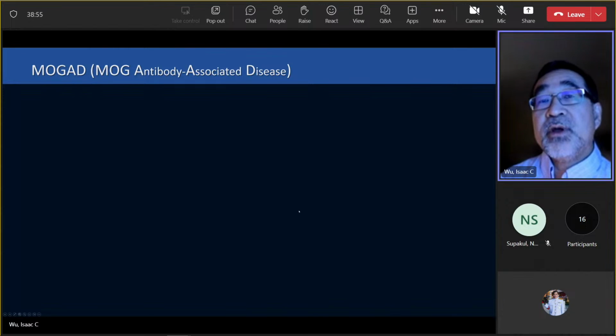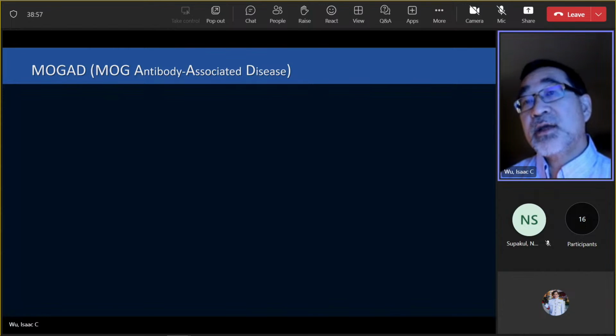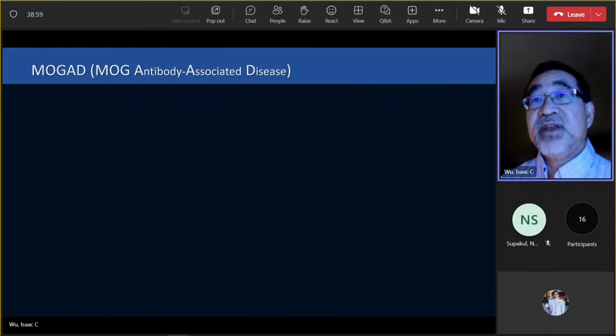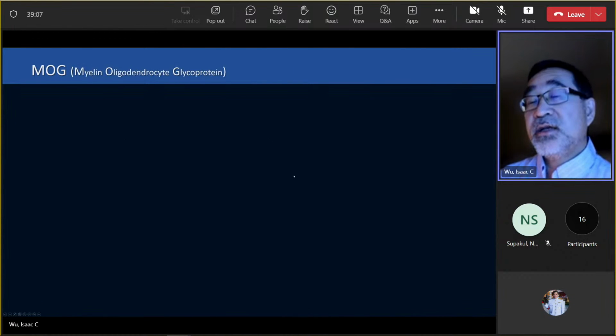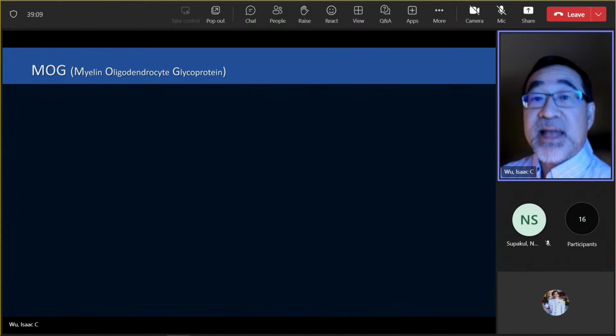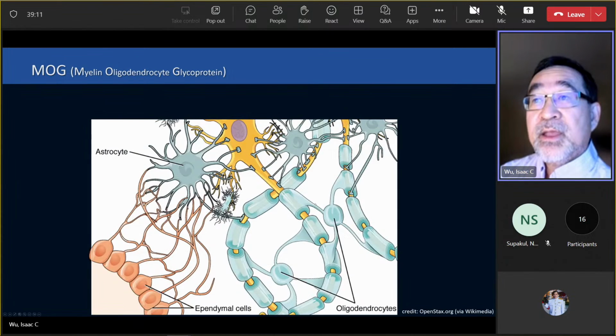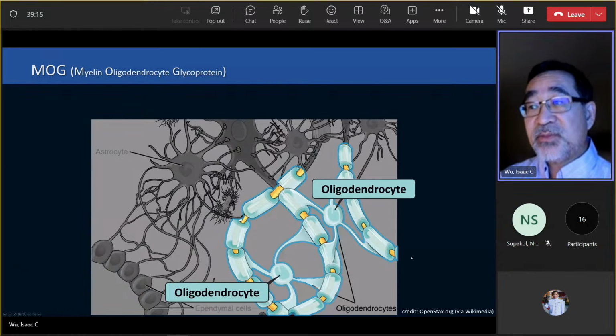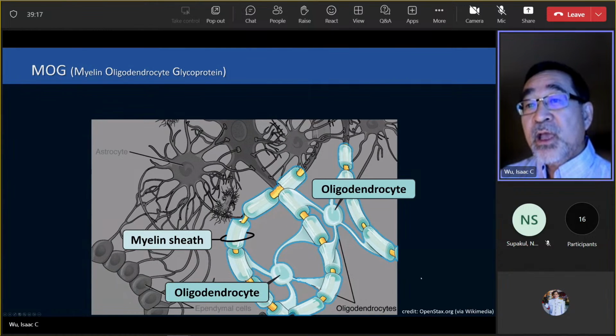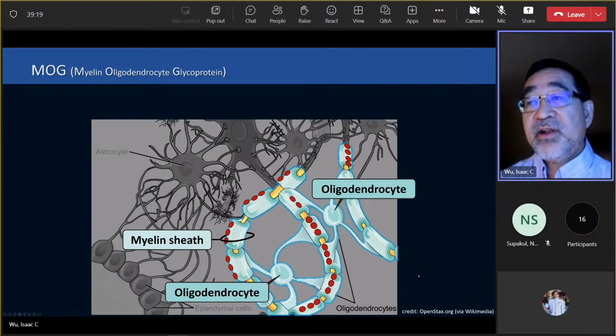So MOGAD, or anti-MOG disease by a different name, is MOG antibody associated disease, or MOGAD. What is MOG? It is myelin oligodendrocyte glycoprotein. If you look at the oligodendrocyte as well as the myelin sheath, what you will see is that there are various proteins.